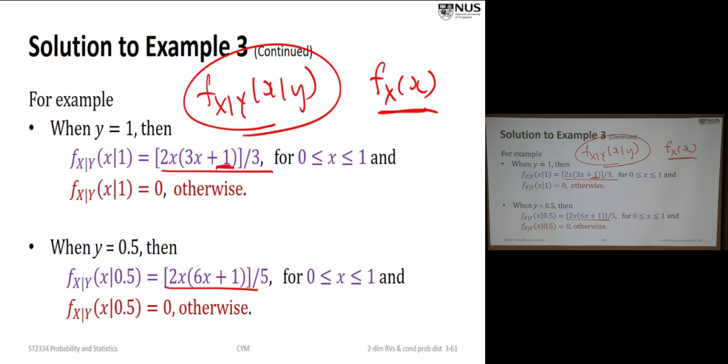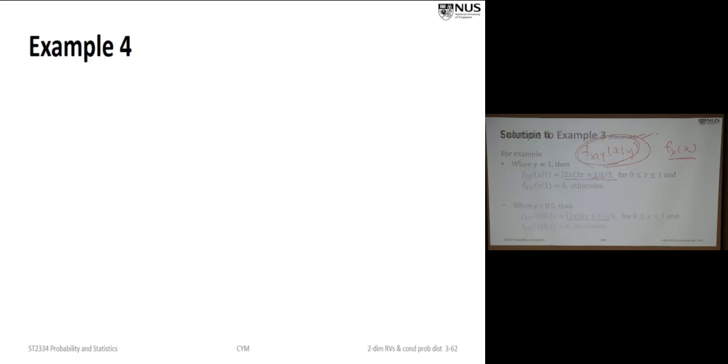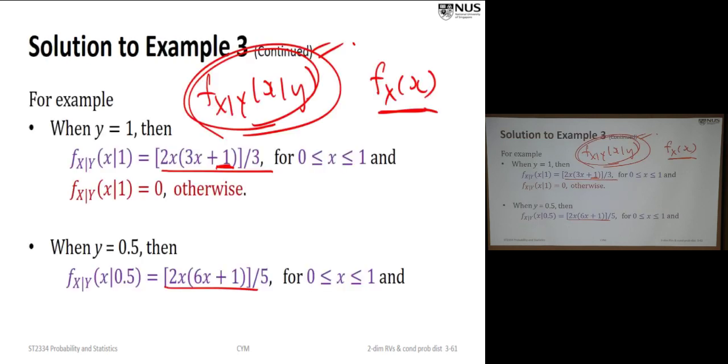Now, the expression itself, equal to something, that expression will involve both x and y in general. But in some of my examples, it just depends on x. So in that case, it's a special case: x and y are independent. That's why you don't see y there. But in general, it should be a function of x and y.